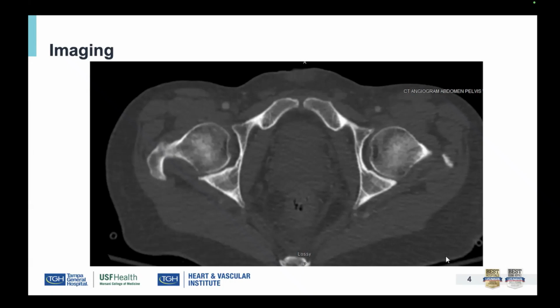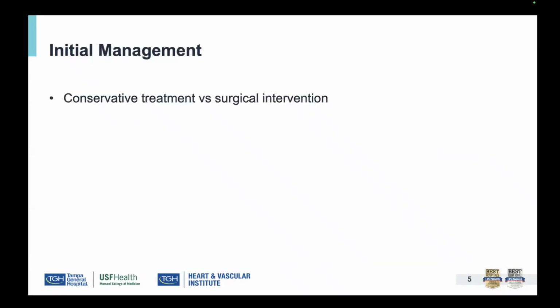Is this gas up against the aortic stent graft related to his prior interventions, or is this truly a sign that the stent graft was in fact infected? So the decision point at this juncture was, do we treat this conservatively, or do we offer immediate surgical intervention with explantation of that graft?